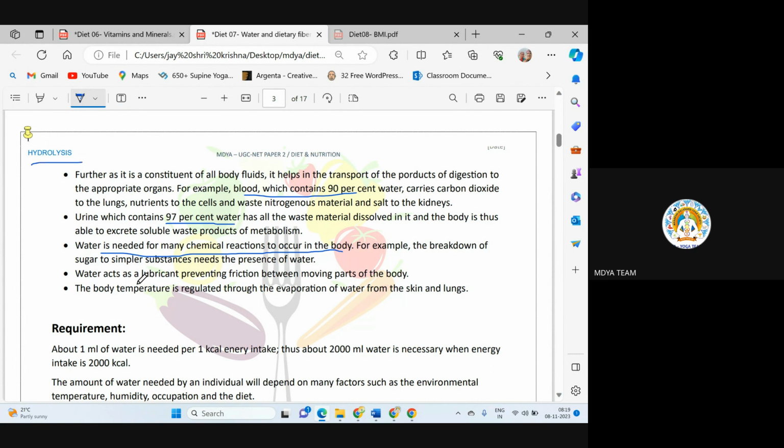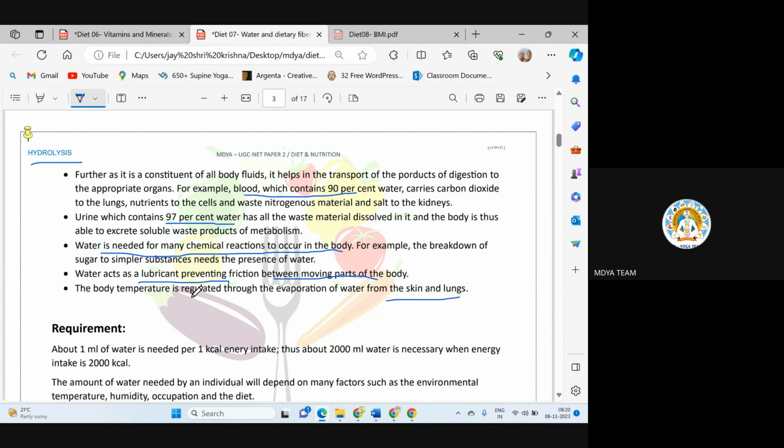Water acts as a lubricant, preventing friction between moving parts of the body. Let's take the example of joints. In joints, which lubricant is present? Synovial fluid. Body temperature is regulated through the evaporation of water from skin and lungs.